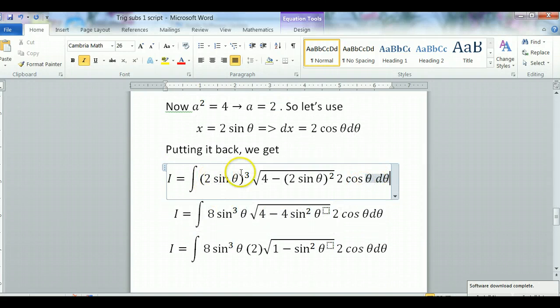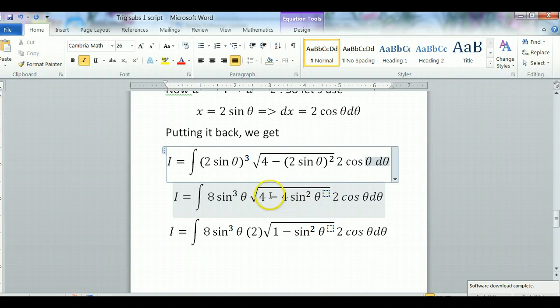Okay, so now once again let's concentrate. So 2 cube is 8, so 8 sine cube theta and 2 cosine theta. Let's concentrate on the inside part. 4 minus and then 2 squared will be 4, and then 4 sine squared theta. So now we take the 4 outside, then it becomes 2, and then we have 2 outside, so 8 and 8. Then the inside, the 4 is no longer there, so this becomes 1 minus sine squared theta.